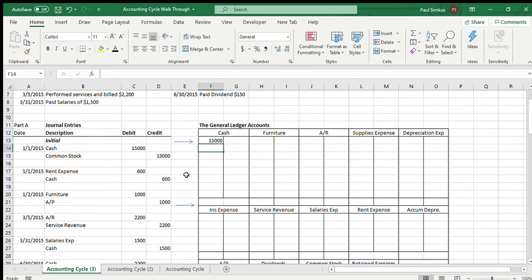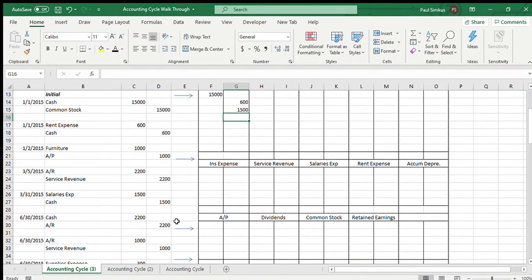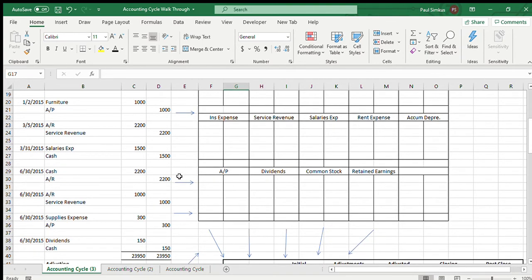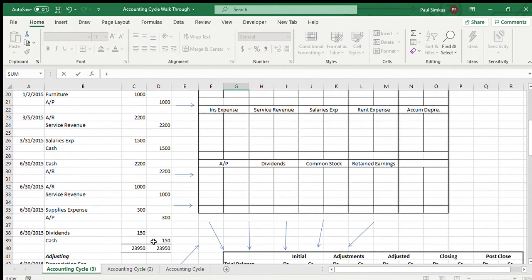Let's go down and pick out the other cash. You've got a credit to cash of $600. Here's another one. You've got another credit to cash of $1,500. Anything else? You've got a debit to cash of $2,200. You've got a last one. You've got a credit to cash of $150.